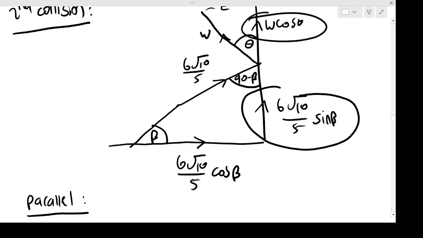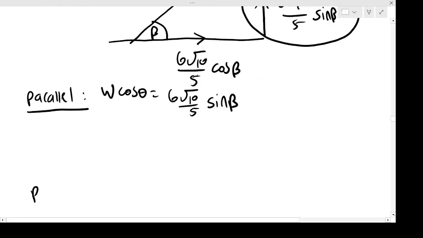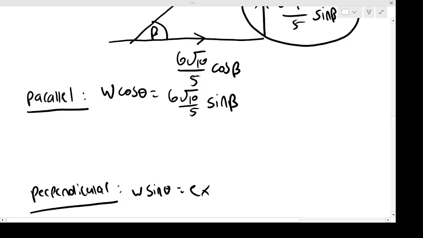That's going along the wall. So that's going to be W cos theta. It's going to be 6√10 over 5 sine beta. Okay, and then if I do the same for the perpendicular parts, that's going to be W sine theta. It's going to be E lots of the original 6√10 over 5 cos beta.